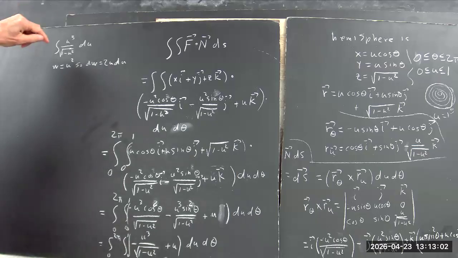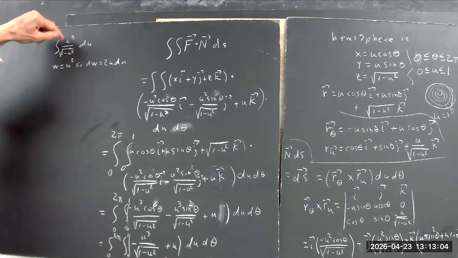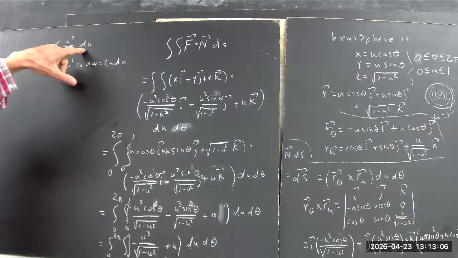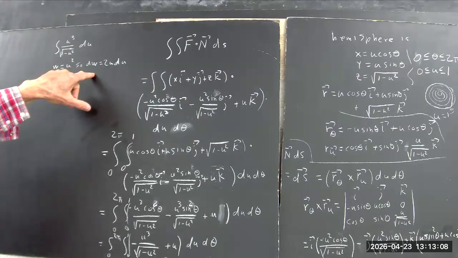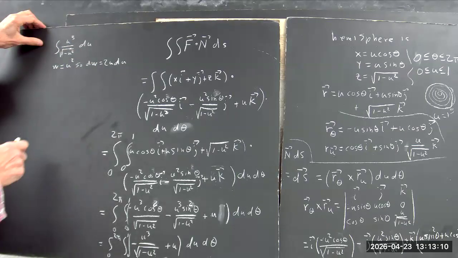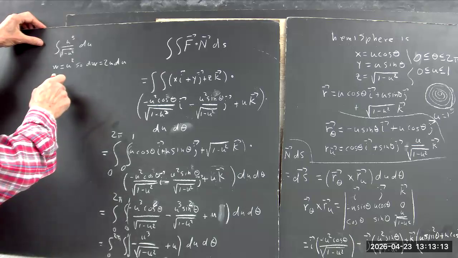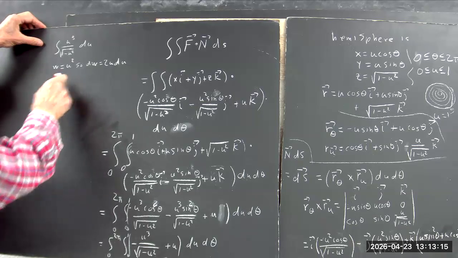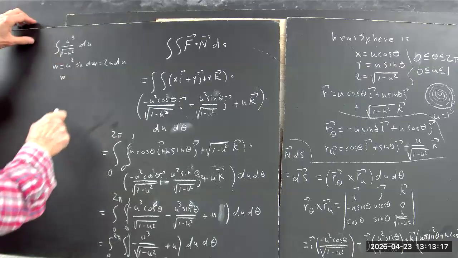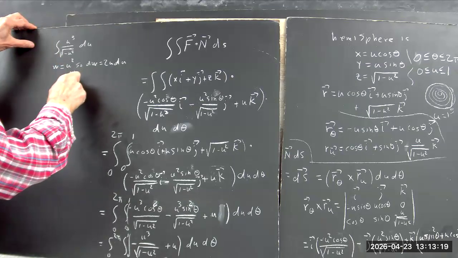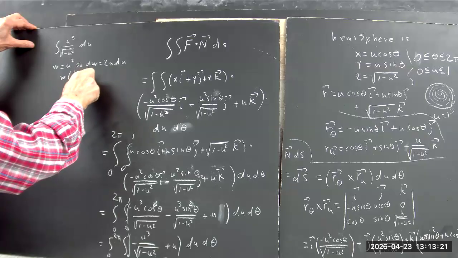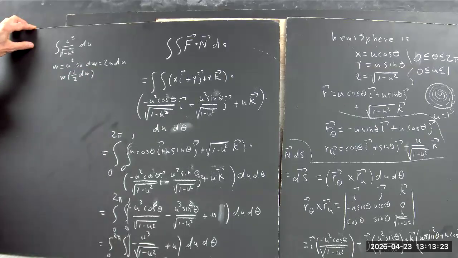Which means that one of these u's, of the cubed u, goes with the du to give you 1/2 of a dw. So that u cubed becomes w, which is u squared, times 1/2 dw.